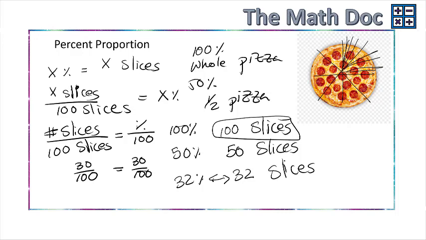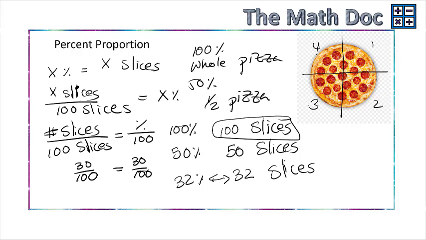So can this be generalized to any pizza? For instance, what if we, I'll erase these slices here, and let's now slice it into 4 slices, okay? So we have 1, 2, 3, 4 slices. Okay, what happens if I have 1 slice out of the 4?